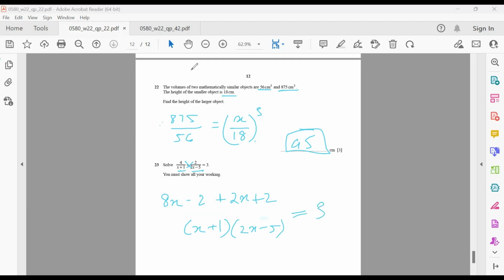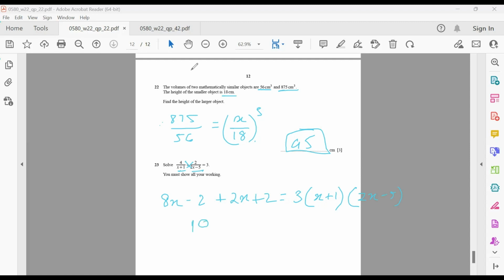So what I would do is just erase this part and multiply with x plus 1 and 2x minus 5.